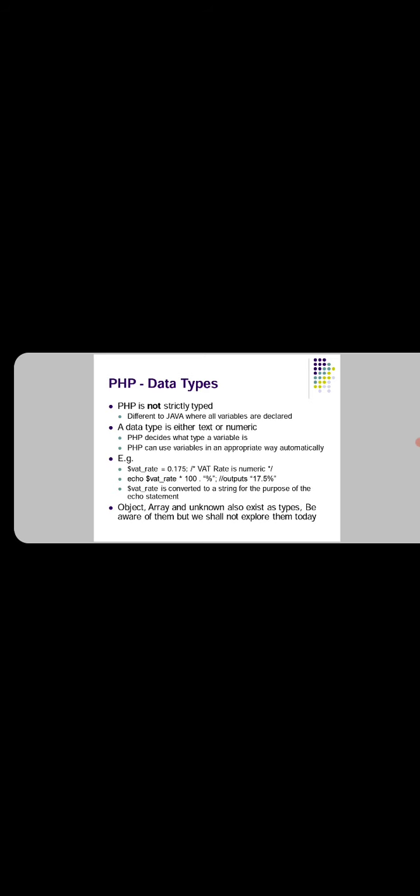For example, $rate = 0.175 and echo the variable. Other data types in PHP are object, array and unknown. Be aware of them, but we shall not explore them today.